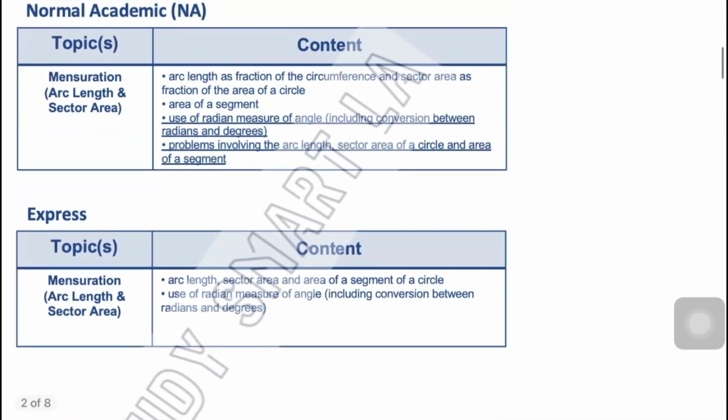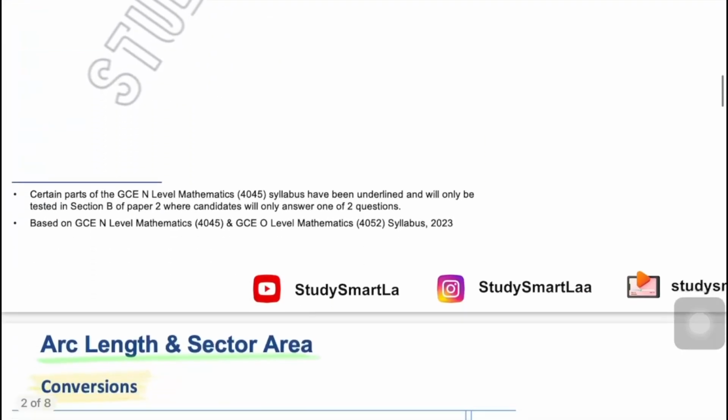So when we solve problems, do take note that those kinds of problems will only be appearing in section B of paper 2. Alright, so let's go on and start with the topic.